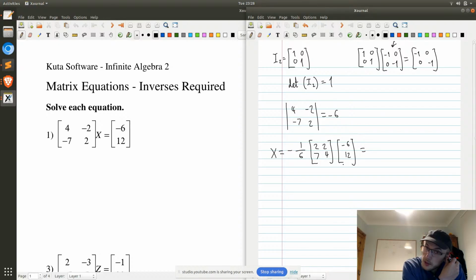So multiply the matrices first. Are you sure? Yes, I'm sure. Right, negative a sixth. So we have negative 12 and 24. Put them together and we get 12.